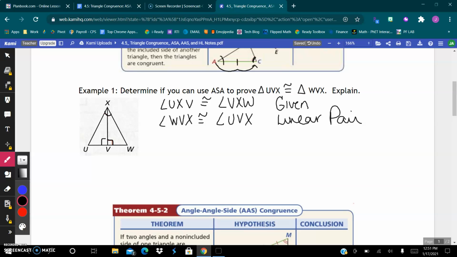And then we talked about the other angle up there at the top at point X. We can see that this line here is shared with both triangles. So segment XV is congruent to segment XV. It's the same segment because of the reflexive property.